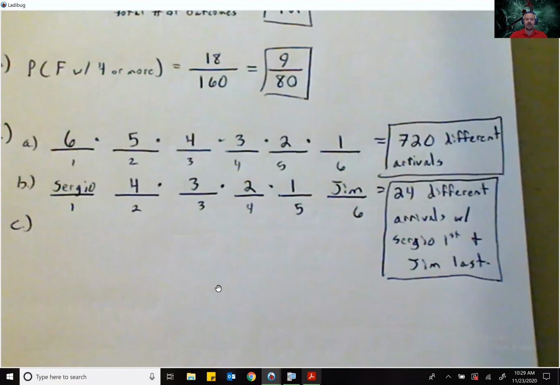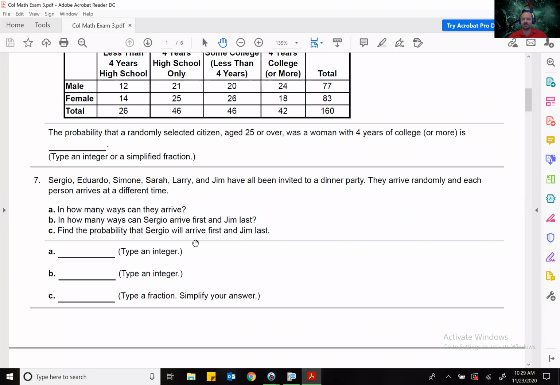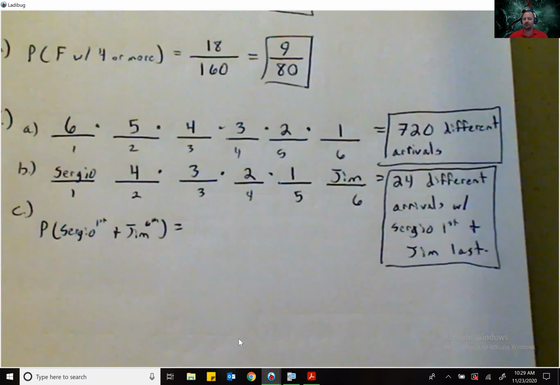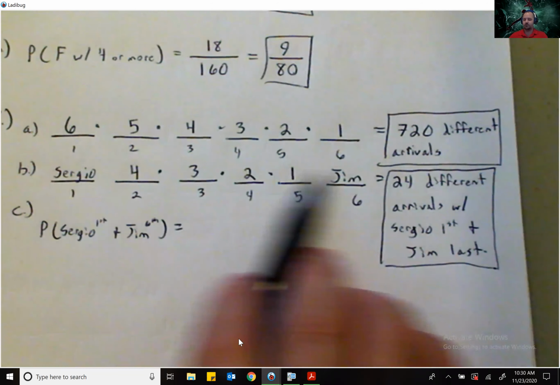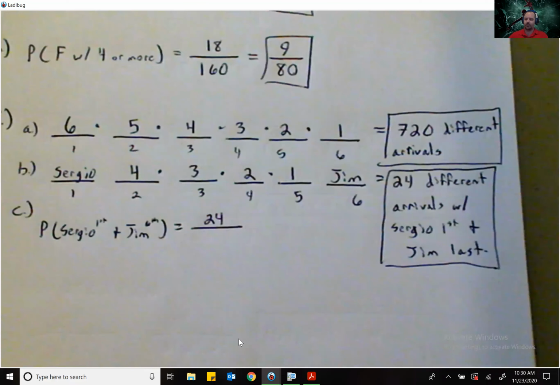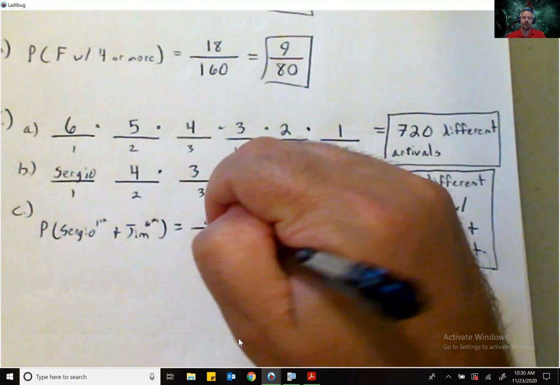So the last question says, what's the probability of that situation? What's the probability of Sergio first and Jim sixth? Well, there are 24 ways of this happening out of a total of 720 different ways it could have happened.